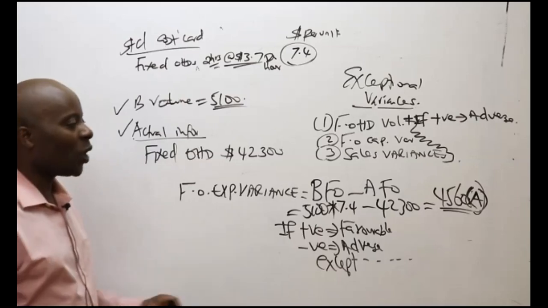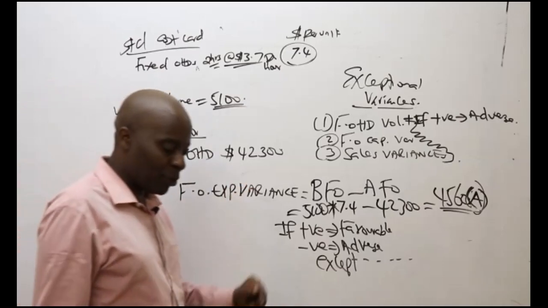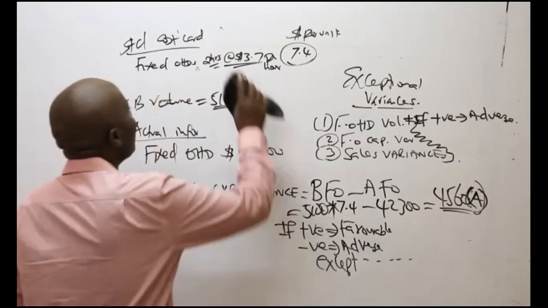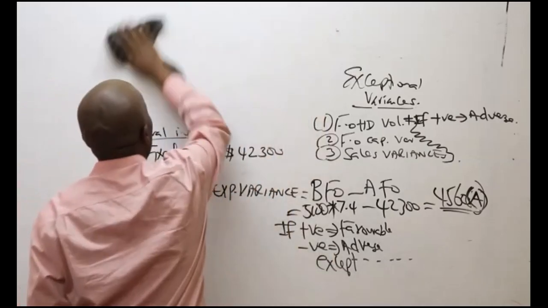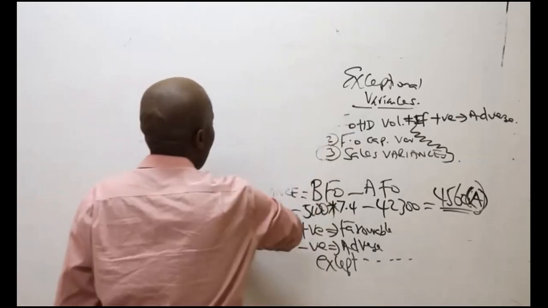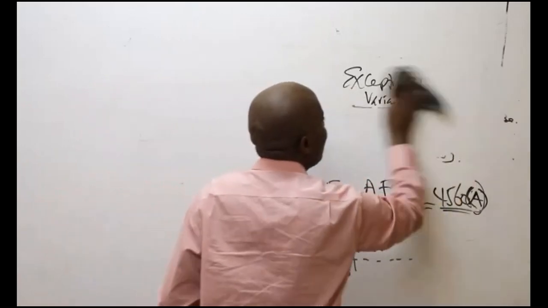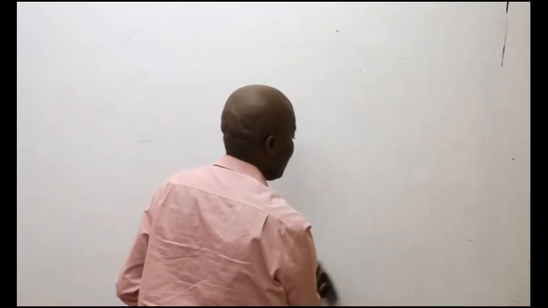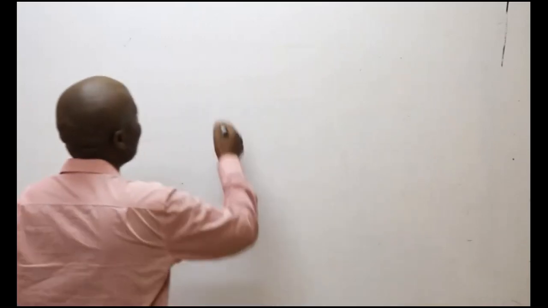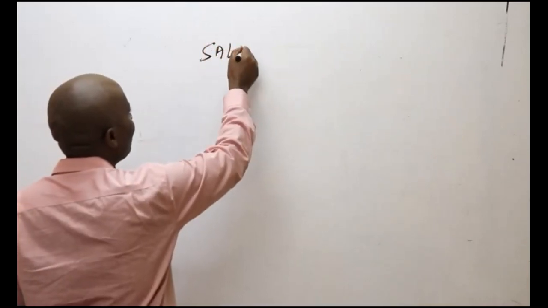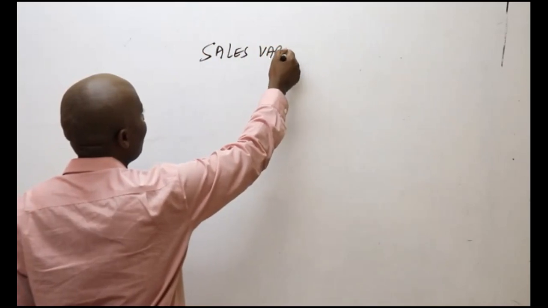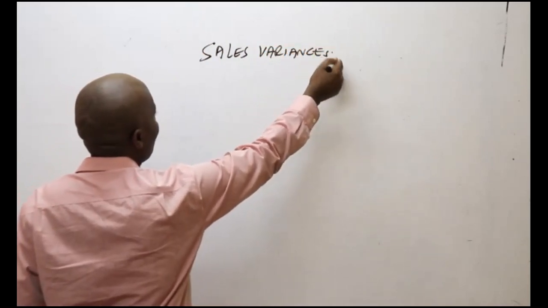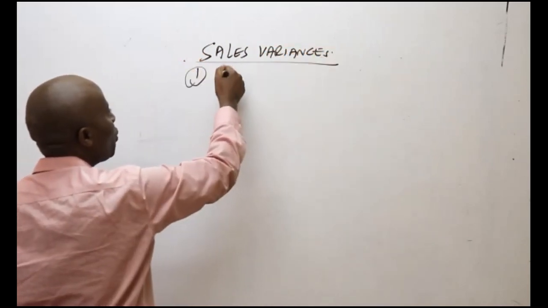Now, please allow me to go to our last type of variances called the sales variances. So sales variances are two.